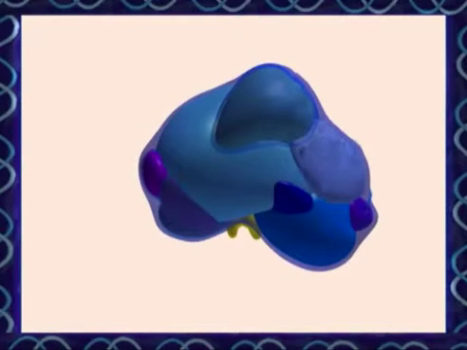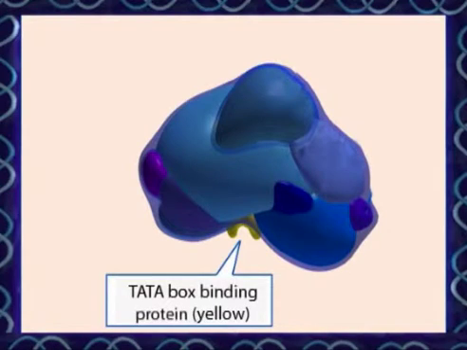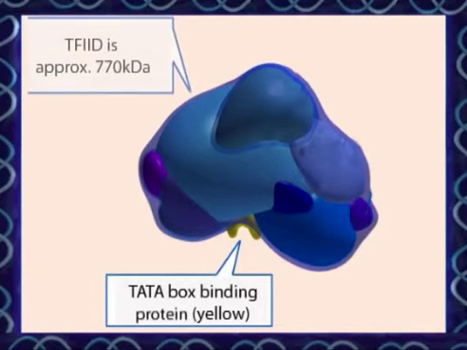The first transcription factor to bind to the promoter is the TATA binding protein, which, as its name indicates, binds to the TATA box and thereby helps identify the transcription start site. TATA binding protein is subsequently joined on the promoter by additional subunits to form the roughly 770 kilodalton multi-subunit complex TFIID.